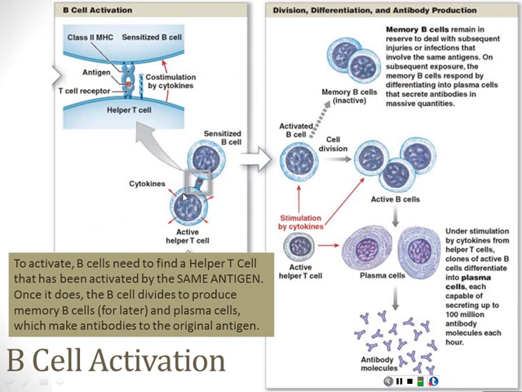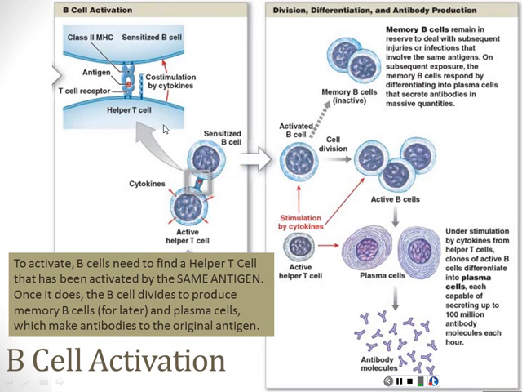So in order for a B cell to go from stimulated to activated, it has to interact with a helper T cell. Okay? So first the B cell finds what it's looking for, and then it toddles off to find a helper T cell that has found that same thing that it's looking for. So it's sort of a handshake. The B cell says, this is what I found.